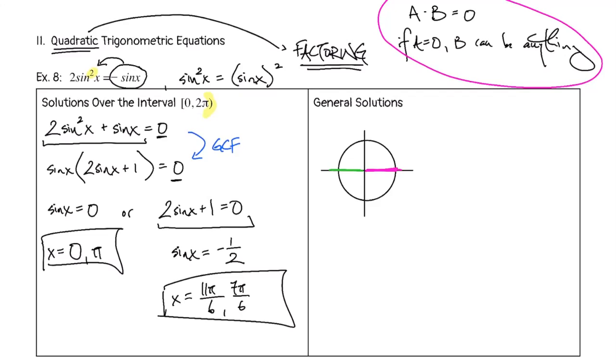But let's see about the other solutions. 7 pi over 6 is like here. Okay, so that's this one. And 11 pi over 6 is like here. Are the purple and the orange separated by exactly half of a circle?